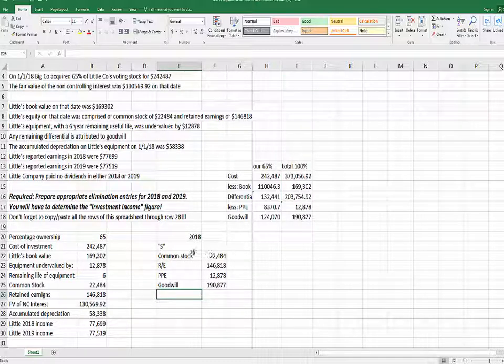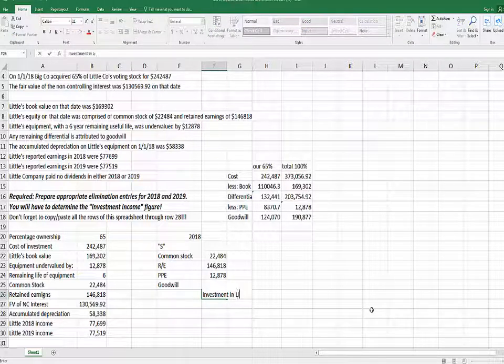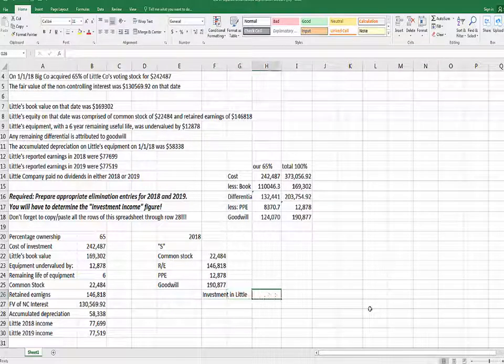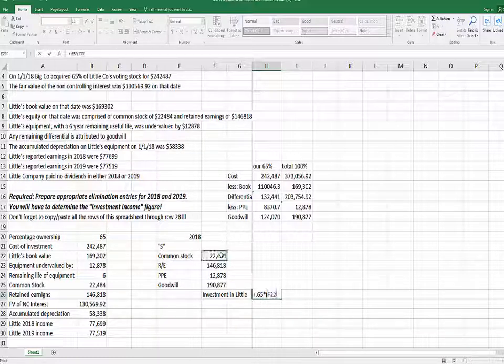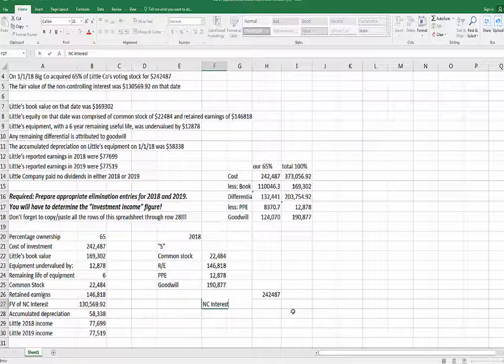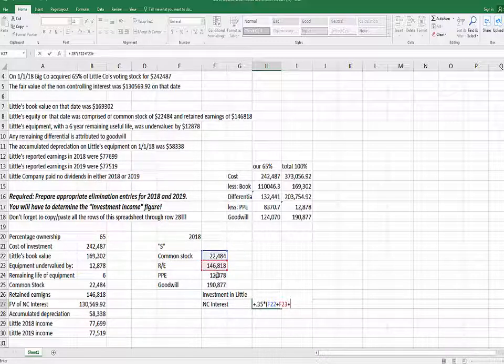Okay, so here's our beginning of year book value plus the unamortized differential. That total is going to be split 65-35 between the investment in little, so 65% of that plus that plus that plus that, and the non-controlling interest, 35% of that plus that plus that plus that.